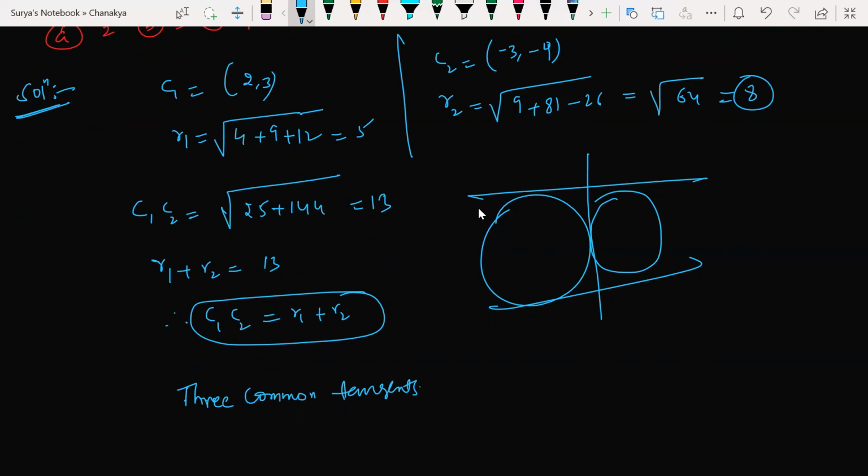Am I clear? Three common tangents can be drawn when two circles touch externally. This is R1, this is R2 here. C1, C2 is equal to R1 plus R2. When two circles are touching each other externally, this is the condition.